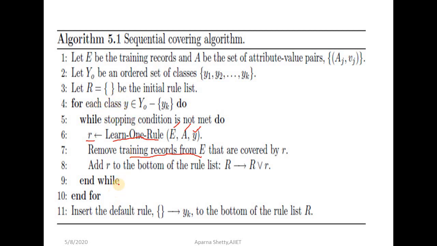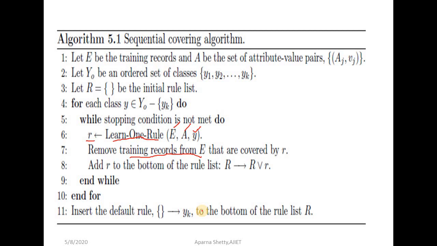After you generate all the rules for all the class labels, next you have to insert the default rule, that is, the empty set belongs to YK, to the bottom of the rule list R. Suppose there are training records that are not classified to any class label; for those records you will add this default rule to classify the records that are left.